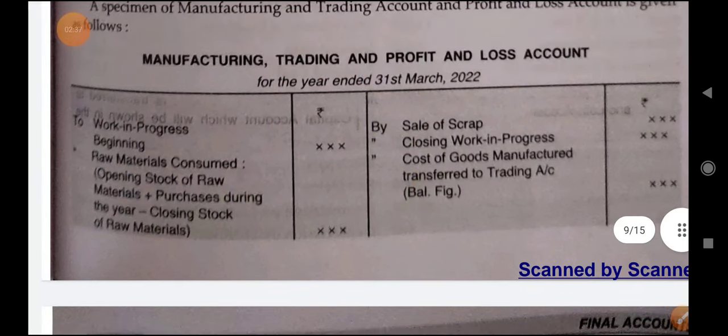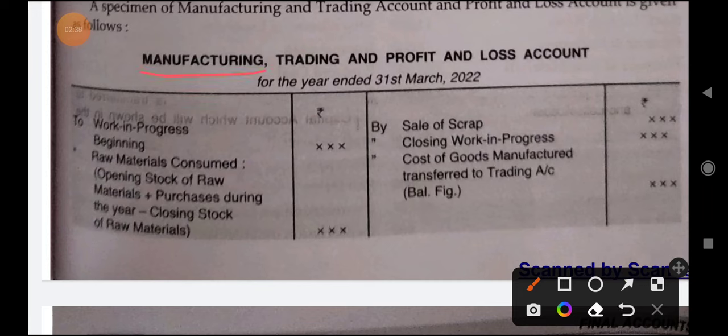So let us discuss these things in detail. Manufacturing account, okay, most of you might not have seen this. I am saying this video is for all, CA foundation students can also watch this. Manufacturing, trading, P&L account, three things will be there, and we are going to discuss the manufacturing account first.